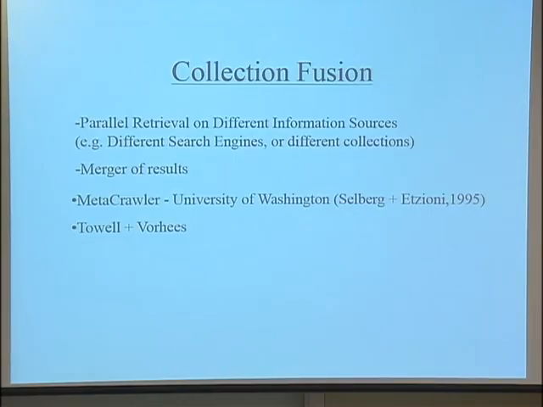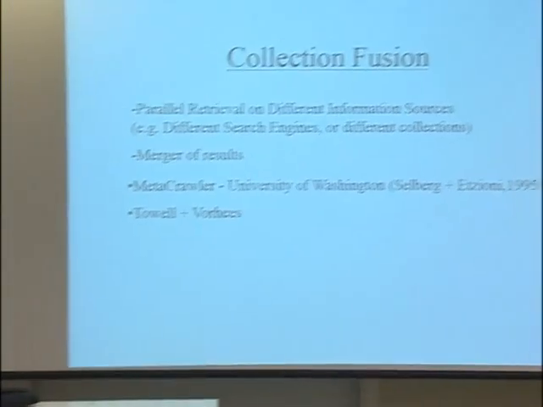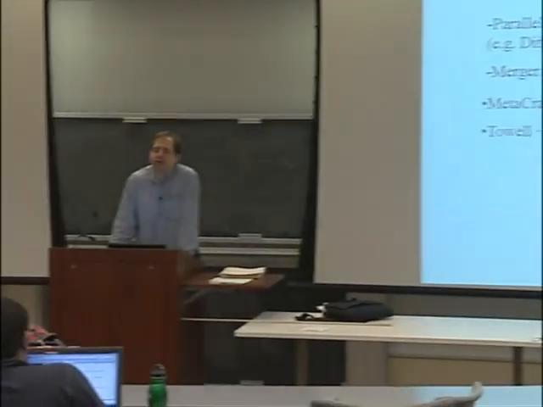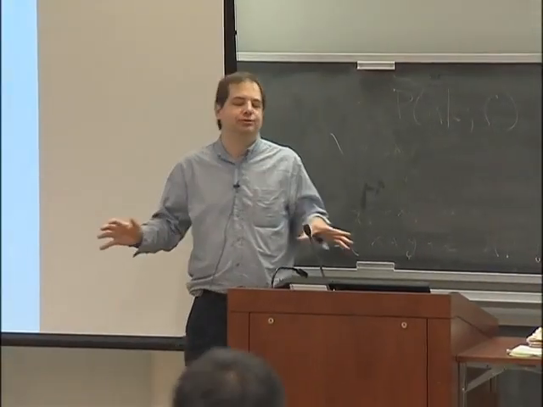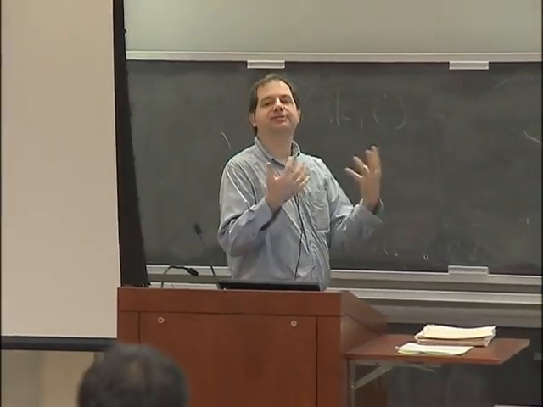So the first topic that I'm going to try to cover is that often we have not just IR on one data collection, but we have IR on many such collections. And they have different properties, and the question is how do we merge things? Another way to look at this is we have, in many cases, multiple engines that have different strengths, and we'd like to fuse them together.